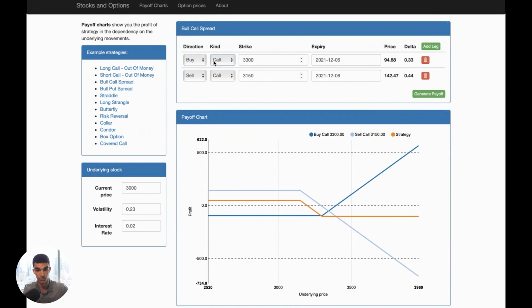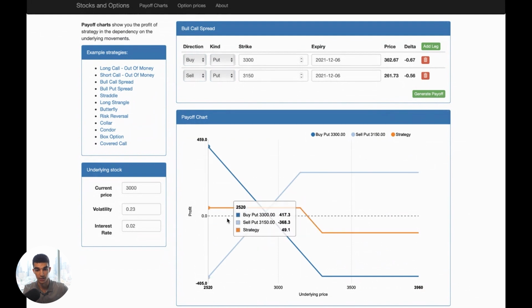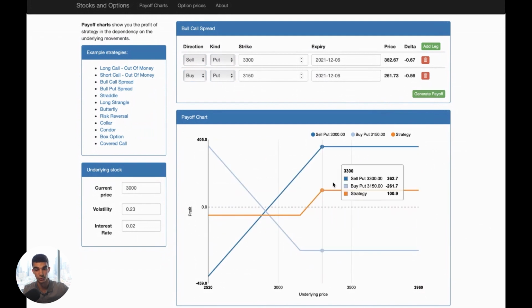And then we can do the same thing with put options. So sell put. Now we have the same payoff as we just showed you earlier. And then if we want to be on the flip side of this trade, we will just do the opposite, and then we will get this.